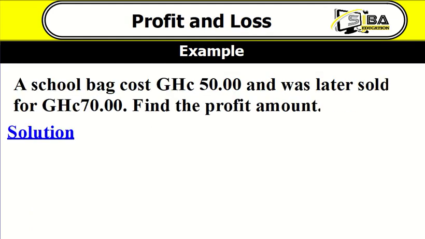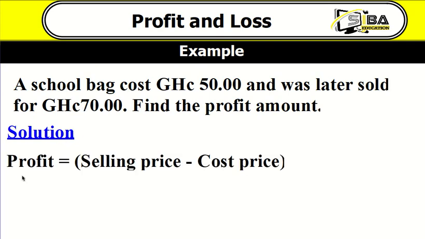So let's take an example from here. A school bag cost 50 cedis and was sold later for 70 cedis. Find the profit amount. A boy went to the shop, bought a school bag at 50 cedis. He came home and sold the school bag for 70 cedis. Can you see the difference? The cost price is 50 cedis and the selling price is 70 cedis.